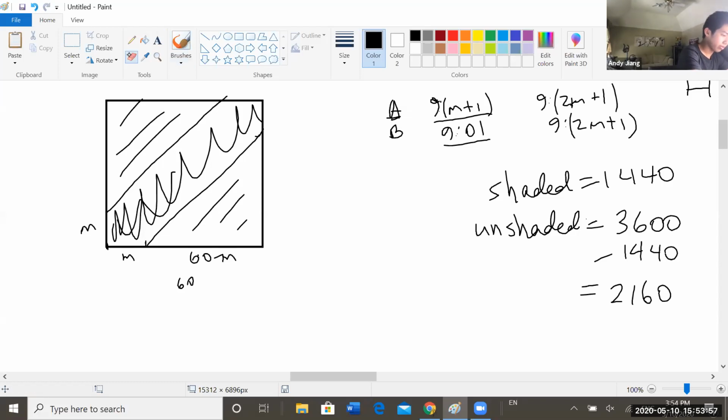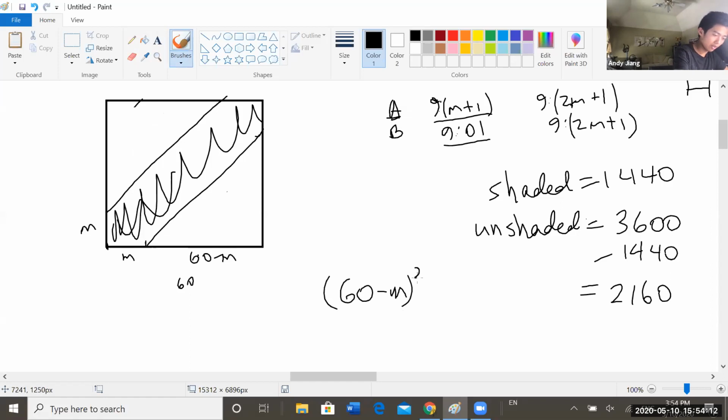Well, first off, that shouldn't be shaded. So if I combine those two triangles, it looks like a square, and it is a square. So the square's area is the side squared, which is 60 minus M squared, and this equals 2160.